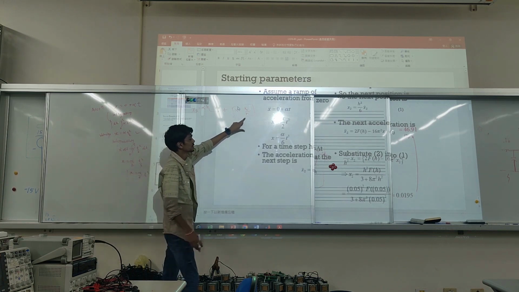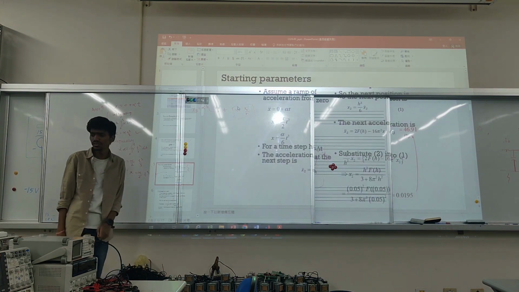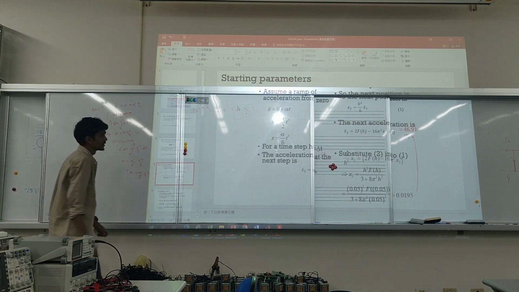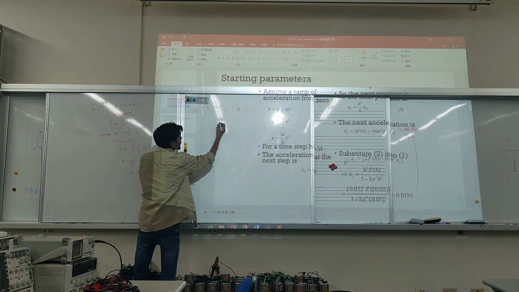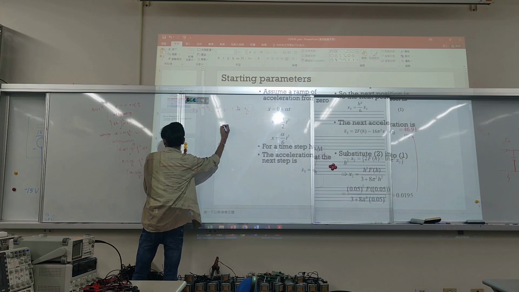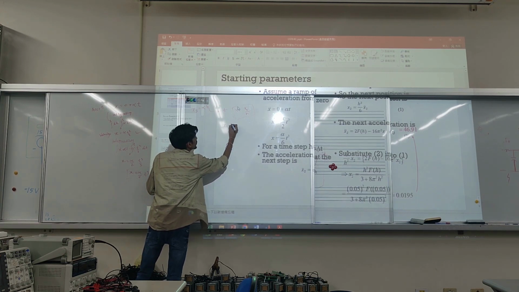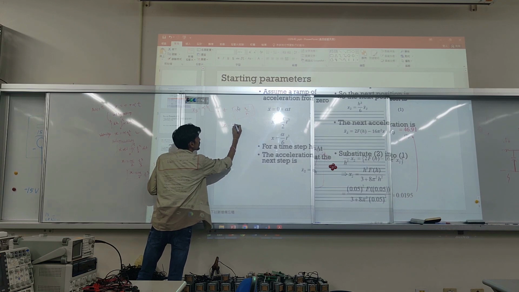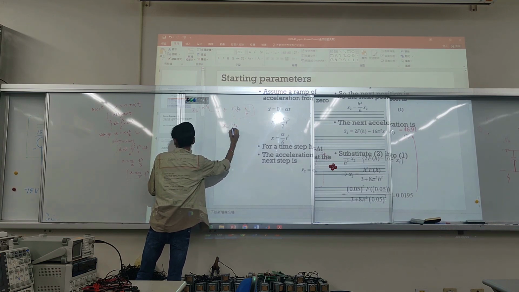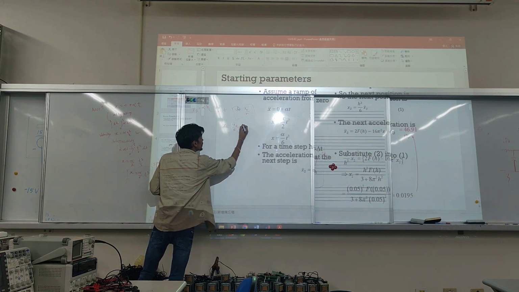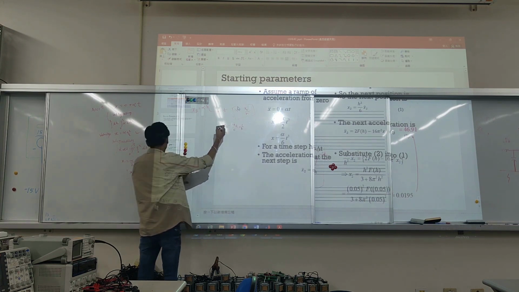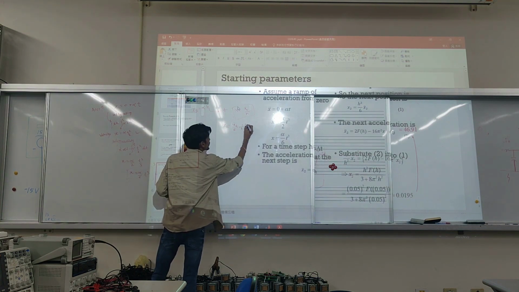Once we put it there, we will get alpha by h t cube.